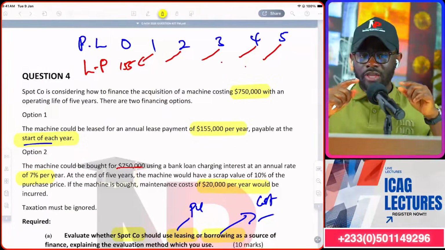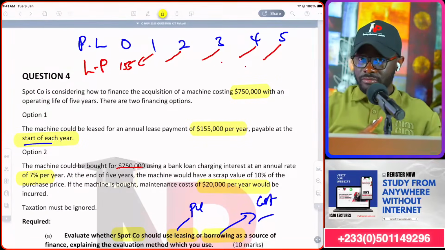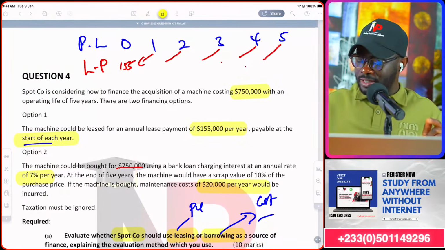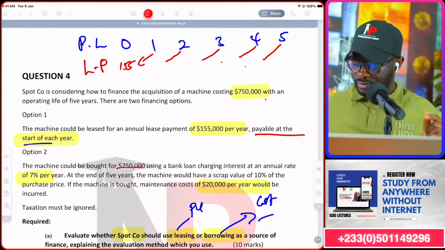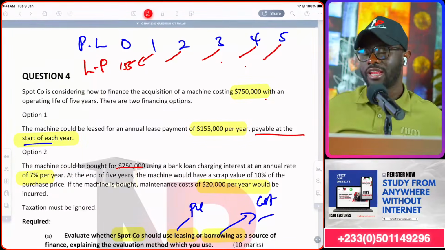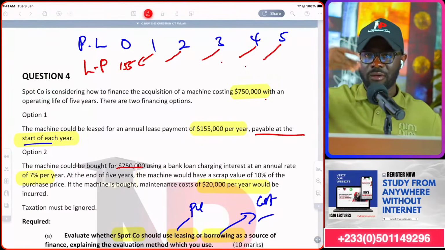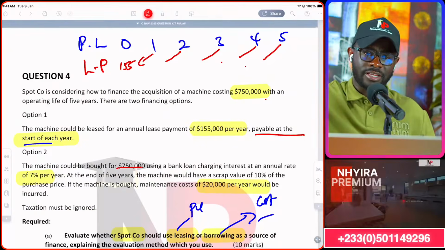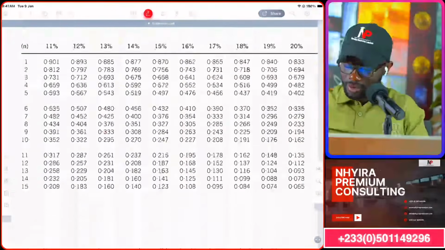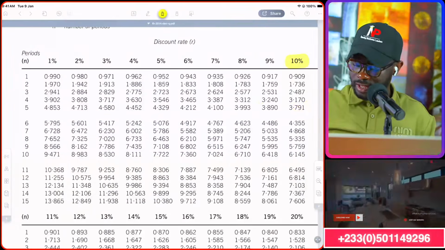If you go and use annuity for 5 years, you will be wrong, because the payment is made at the start of each year. So year 0 will make the first payment. Then the remaining 4 payments will be made at the end of the year before the start of the next year. So 7% annuity factor, 4 years.